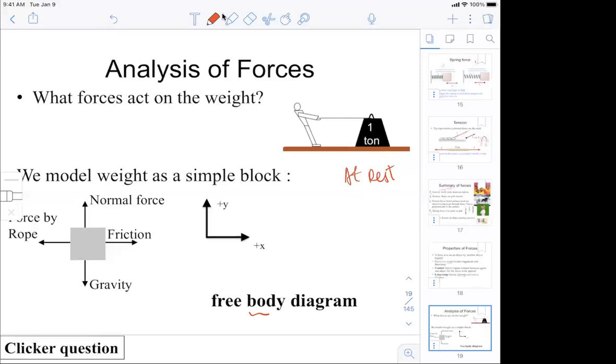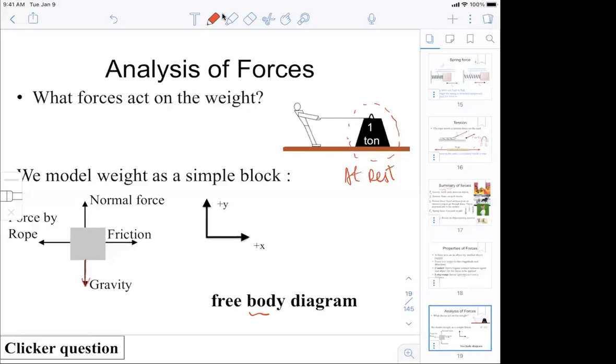So let's think about all the forces acting on it. Isolate the object and think about all the other objects that are in contact with this object or can act upon it at a distance, that is gravity. So in this case, we have gravity acting on the object, going downward.